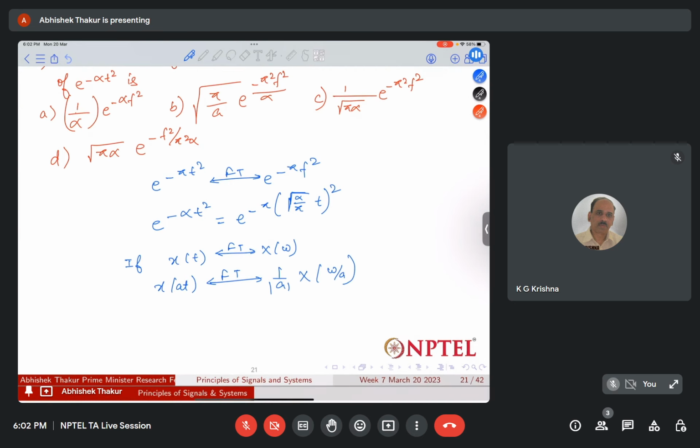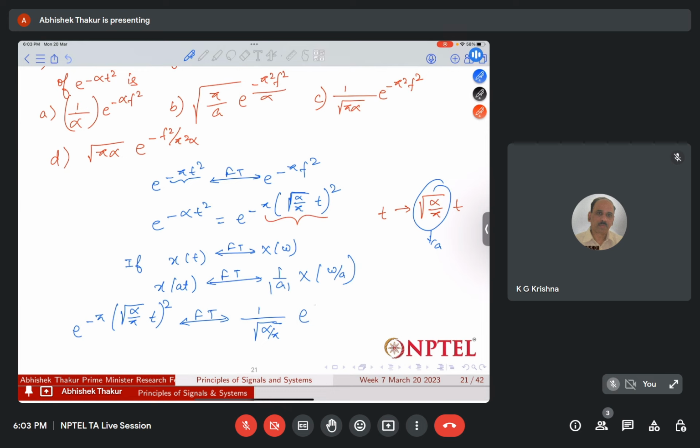So here e to the power of minus pi under root of alpha by pi t square: you can see this is e to the power minus pi t square, where t is changed to under root of alpha by pi into t. So this is our a. So this will become 1 by mod a, so 1 by under root of alpha by pi, X of omega by a.